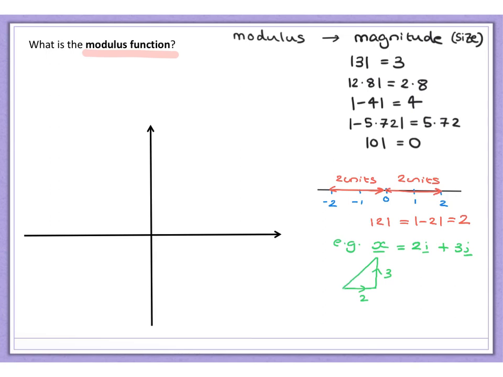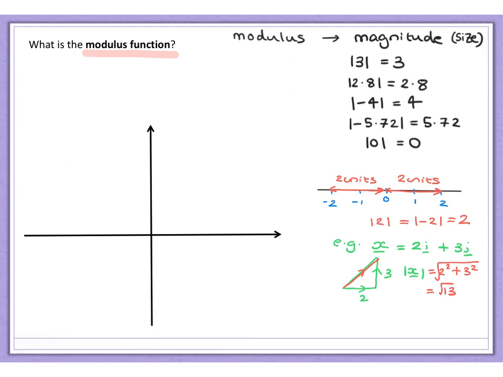Then the magnitude of this vector, or the modulus of the vector, is the length of this line here, which is of course calculated using Pythagoras' theorem, which gives us root 13. So always think about modulus as referring to magnitude or size of a value.